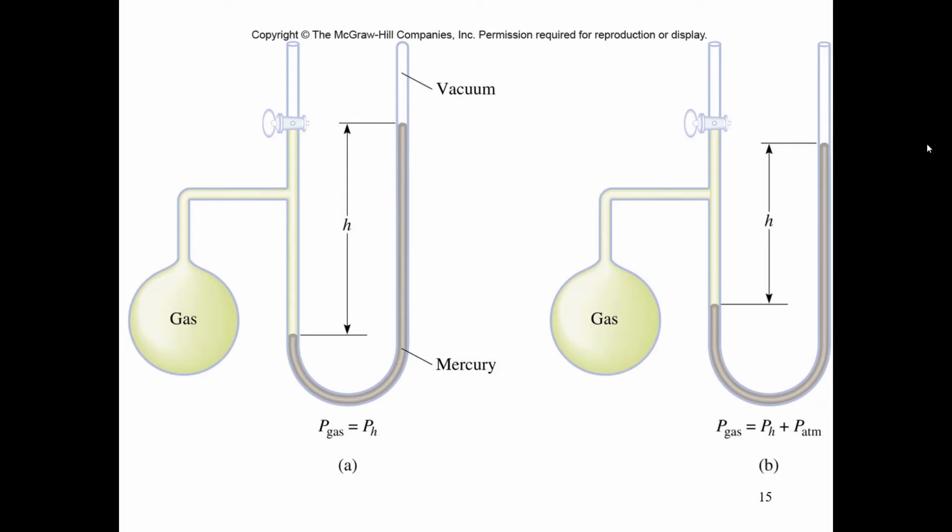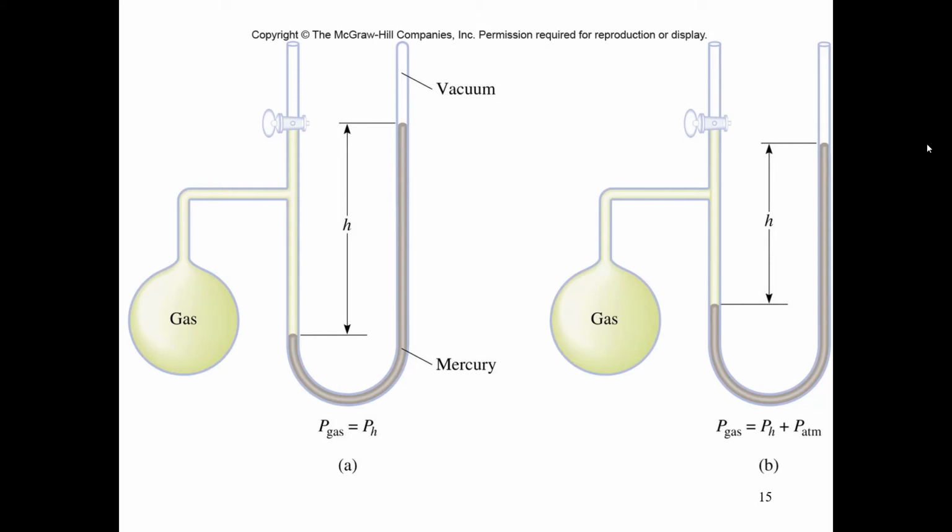And there are two scenarios. The one on the left essentially has the gas in a bulb that is connected to a U-shaped column, inside of which is a sample of mercury. If the pressure that we're going to be working at is relatively small, less than atmospheric pressure, we can simply have the U-shaped tube closed at one end and allow the mercury to move against the vacuum.